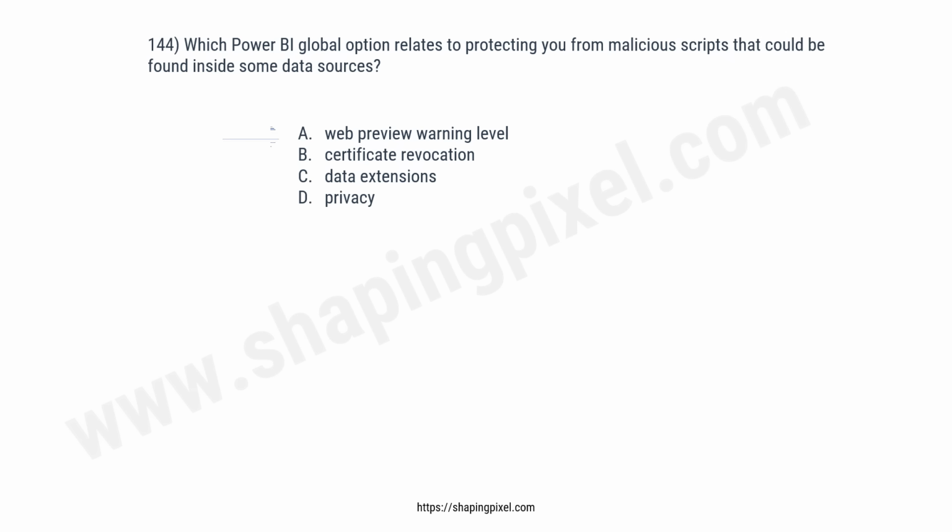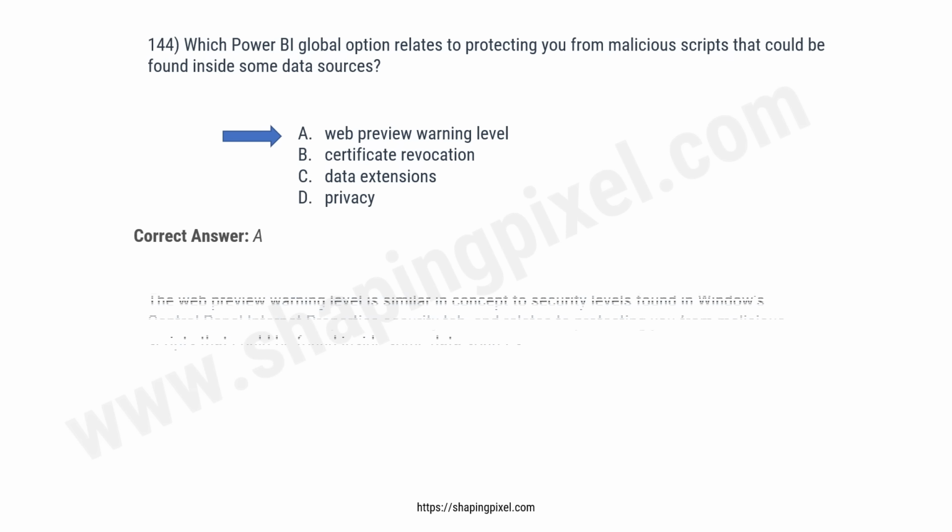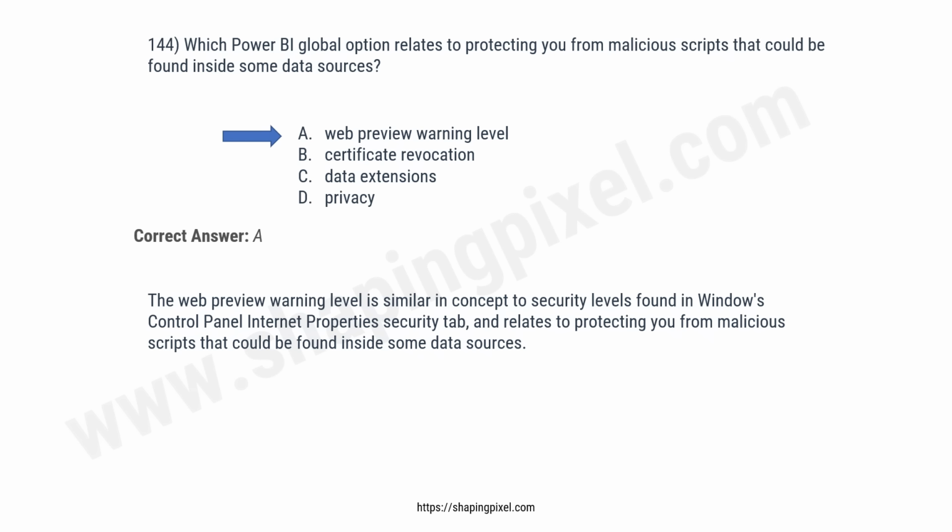So the right answer here is option A, web preview warning level. The web preview warning level is similar in concept to security levels found in the Windows Control Panel Internet Properties Security tab and relates to protecting you from malicious scripts that could be found inside some data sources.